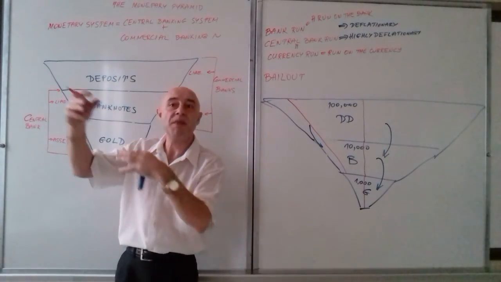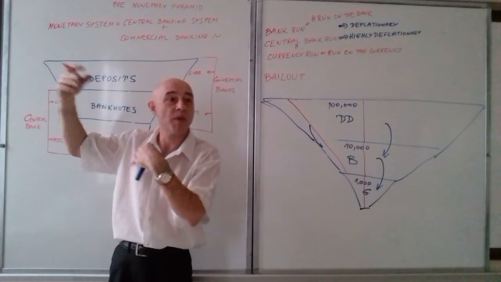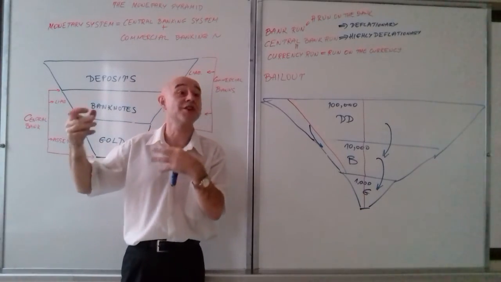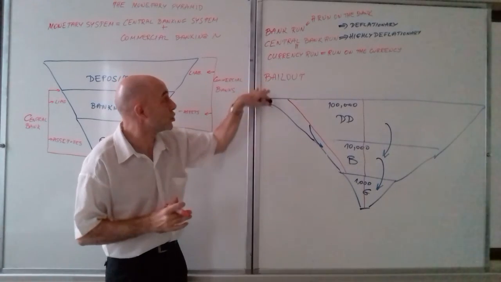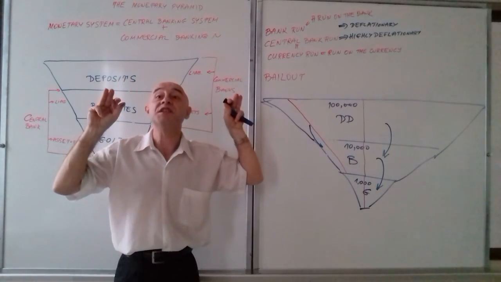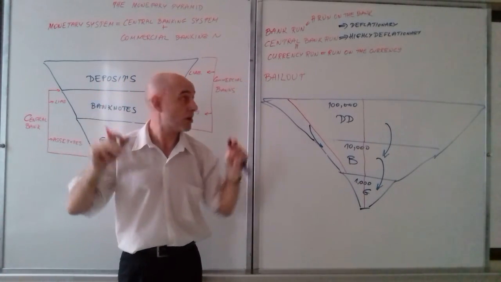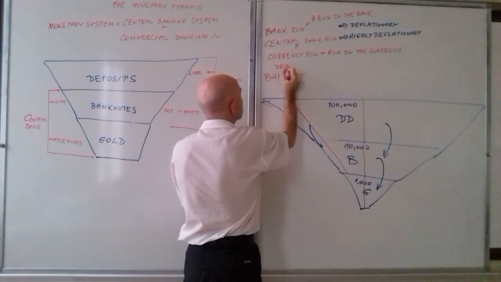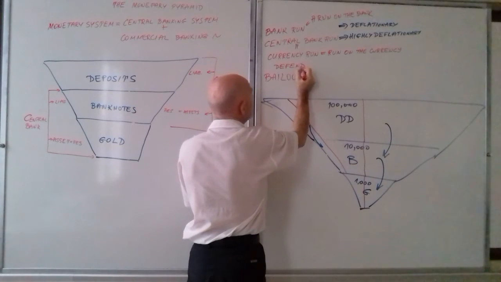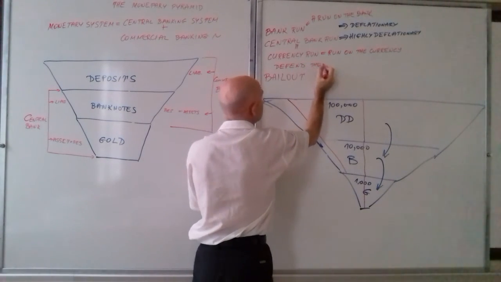They will go to some other government, maybe the Chinese government, maybe the American government, maybe the International Monetary Fund, to give them a loan, meaning more reserves to, we say, defend the currency.